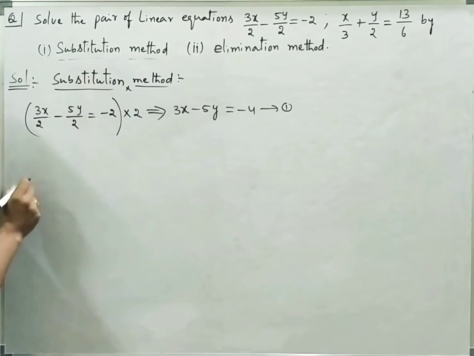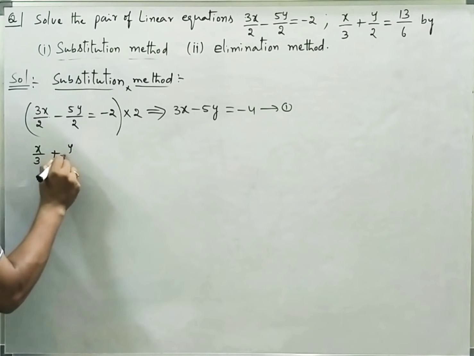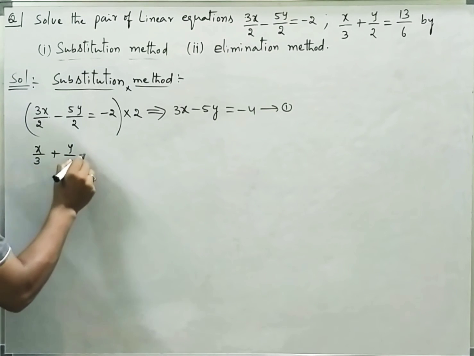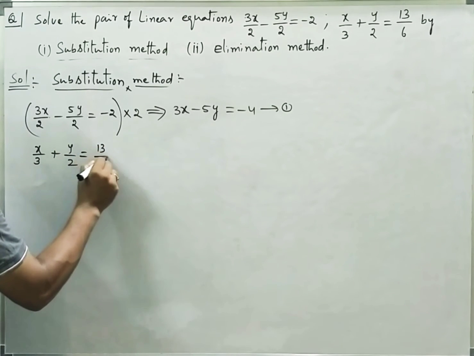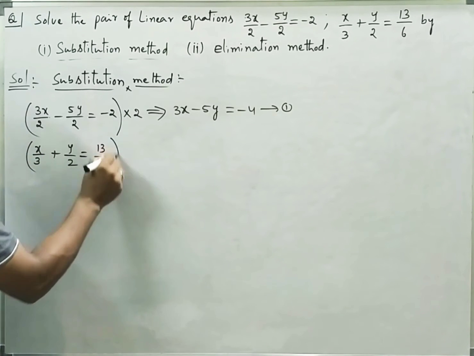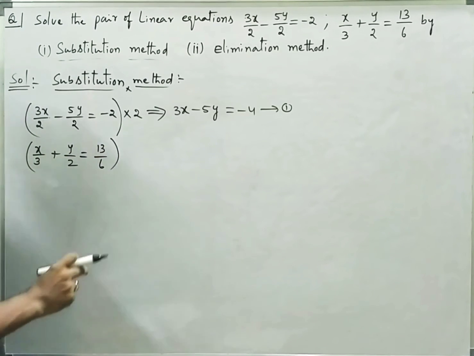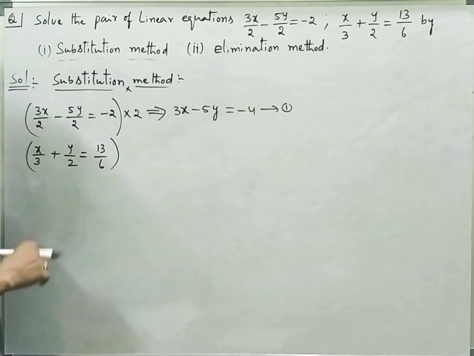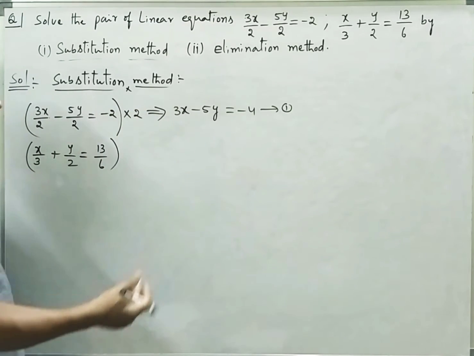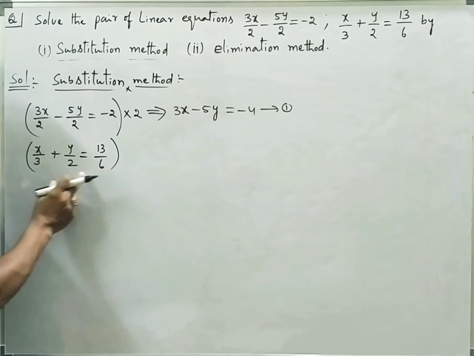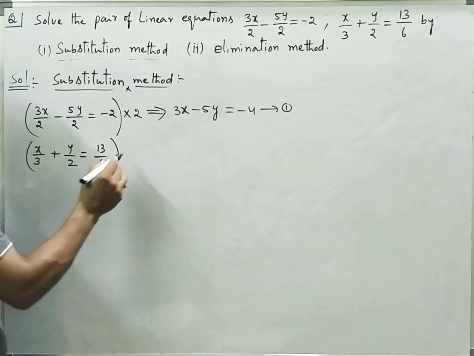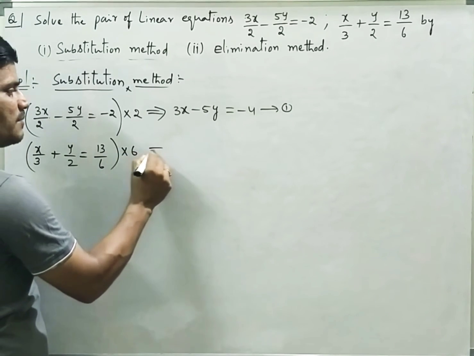And the second equation, x/3 + y/2 = 13/6. Here also the coefficients are 1/3, 1/2 and the constant 13/6. All are fractional values. Let us make them integral values by multiplying by the LCM of these three, which is 6. So let us multiply this equation by 6.